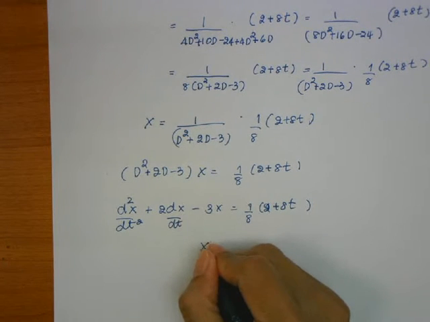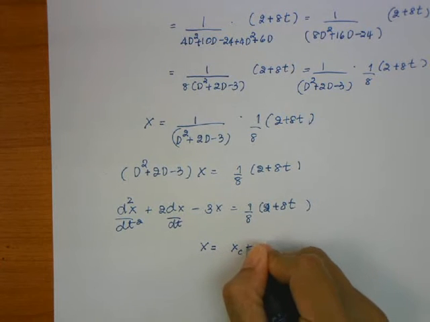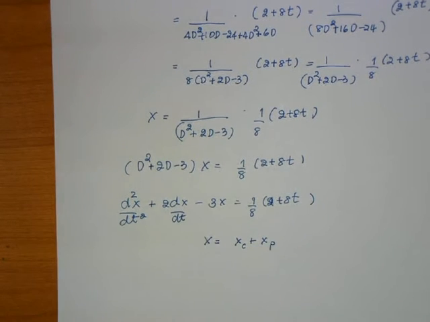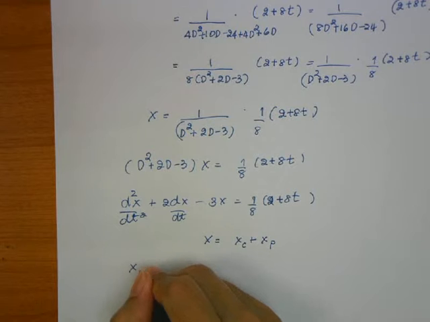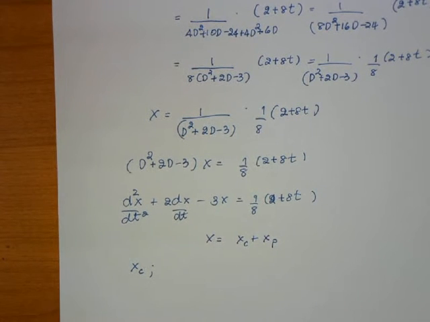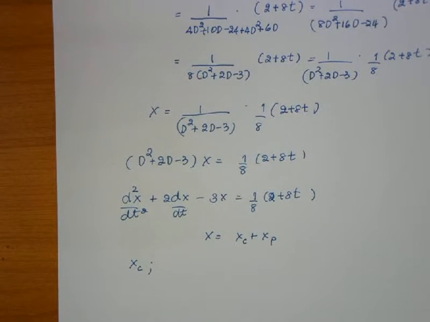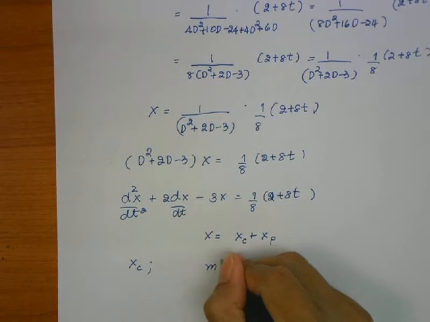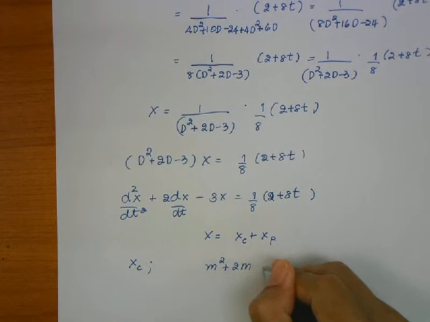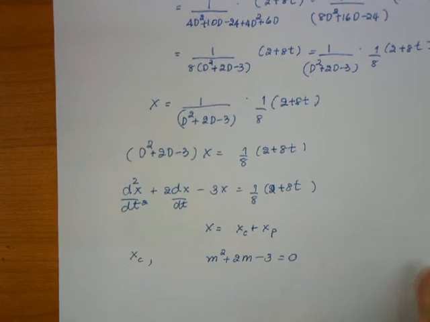Your x is the combination of xc and xp. To find xc, you've got to write down the characteristic equation. What is the characteristic equation? m squared plus 2m minus 3 is equal to 0.